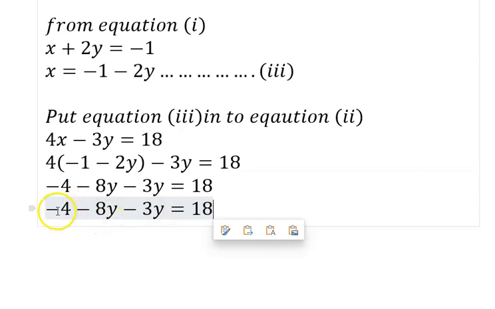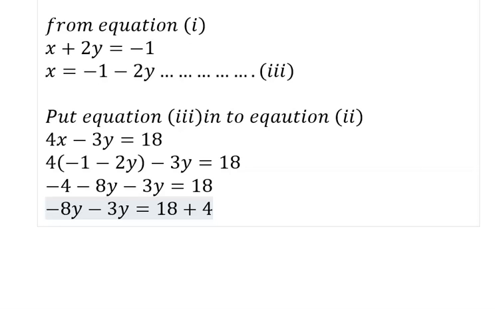If this minus 4 crosses this equality sign and comes to meet 18 here, it changes to what? Plus 4. Awesome. And then minus 8y minus 3y gives us minus 11y.